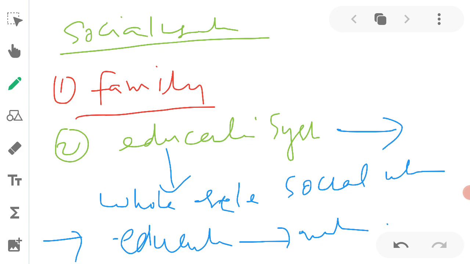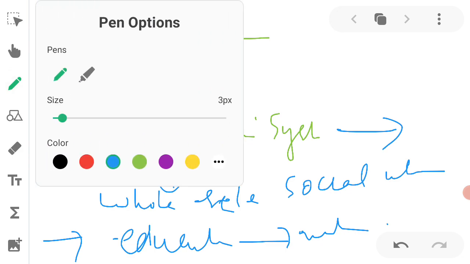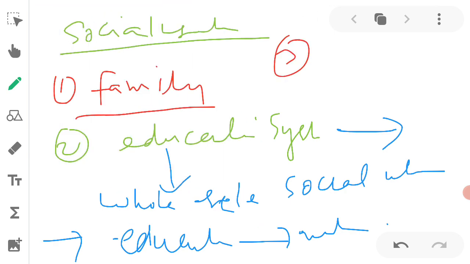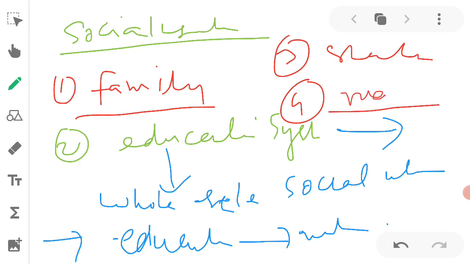And nowadays obviously you have the state, and you have the market, and all these institutions within which we are socialized, we are individualized, we become individuals. Okay.